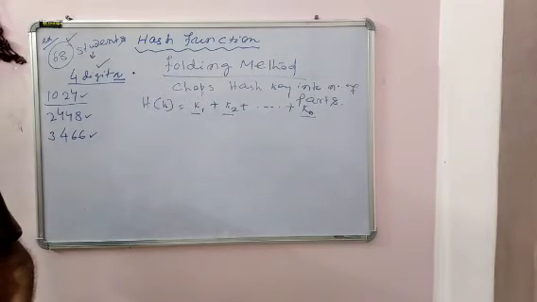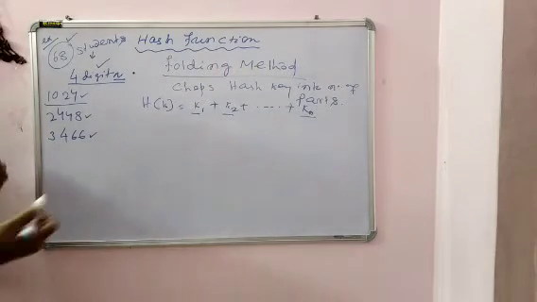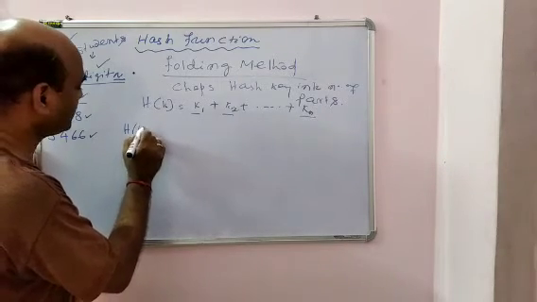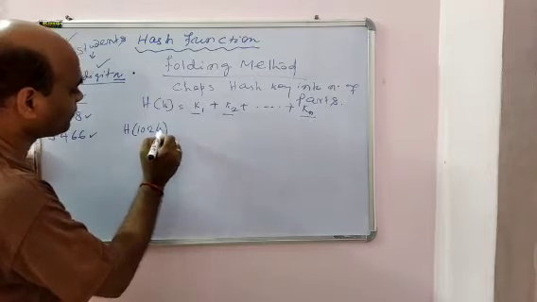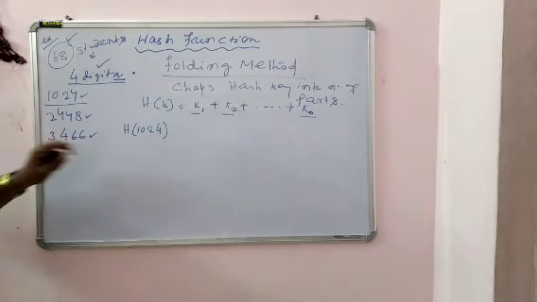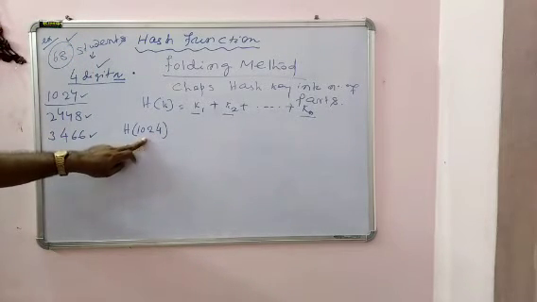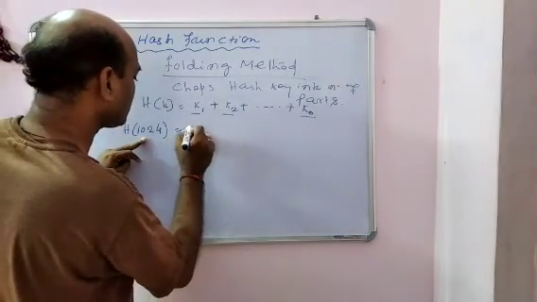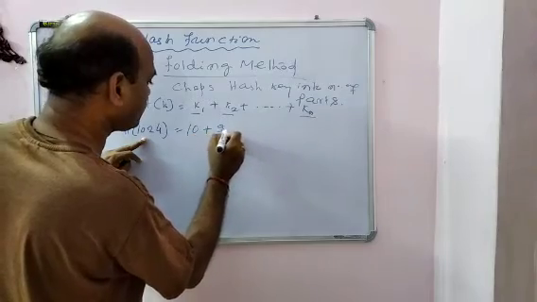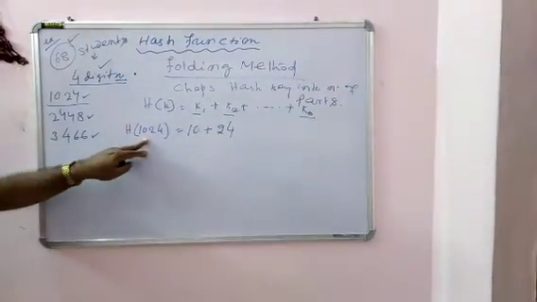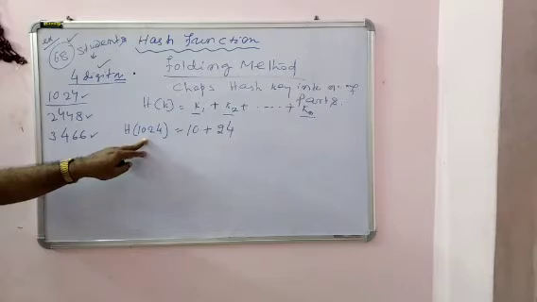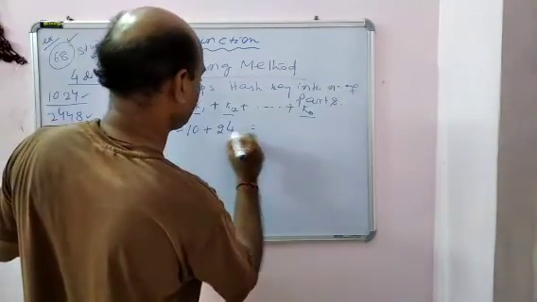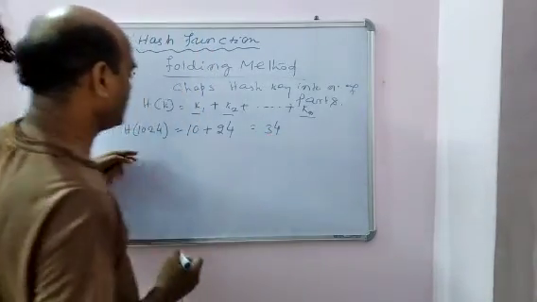Now we can compute the hash addresses. h of 1024: we calculate the memory address for this key value, so this will be 10 plus 24, which is 34.